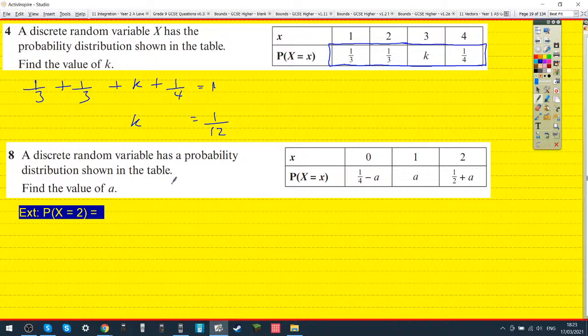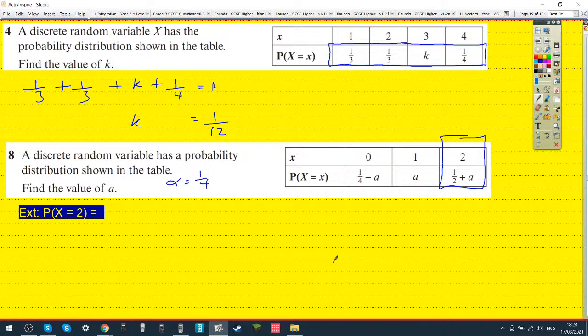Extension question. What is the probability that x is 2? 0. Oh, no. Okay. A third still? What did we say alpha was?